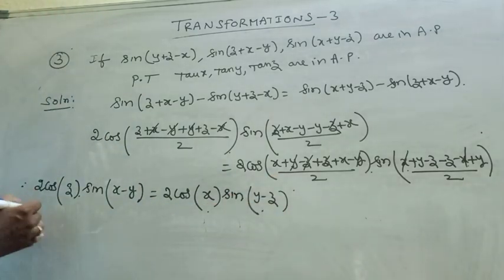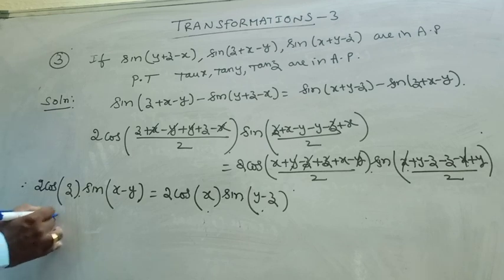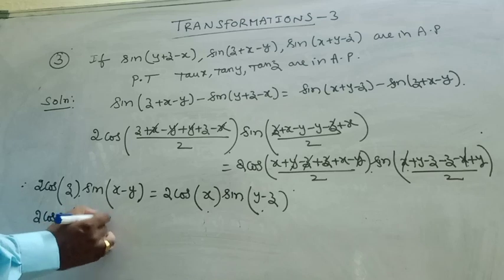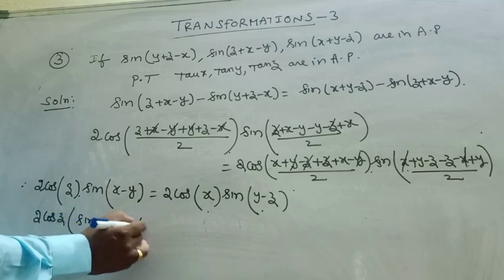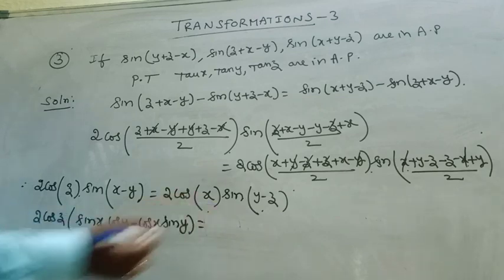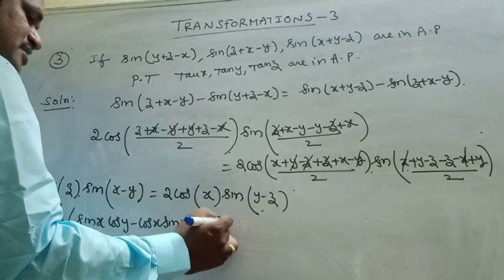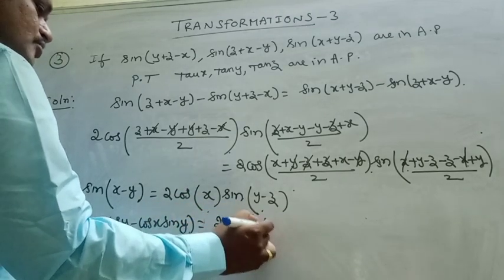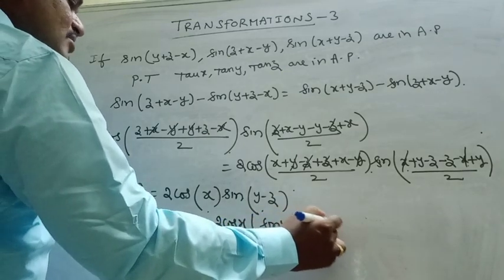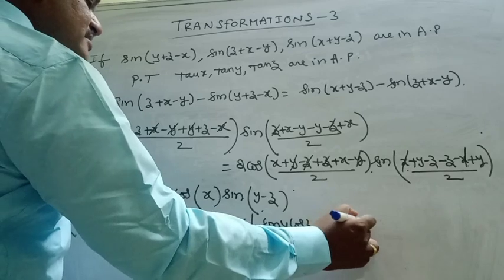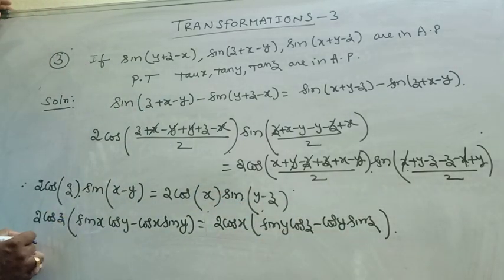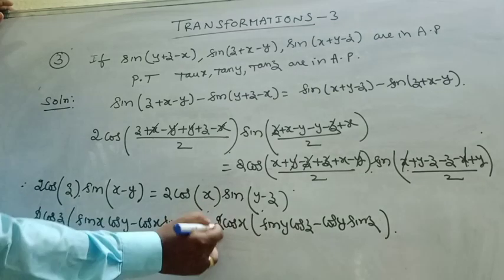Just observe now: this is 2 cos z into sin(x minus y), that is nothing but sin x cos y minus cos x sin y. This is equal to 2 cos x into sin(y minus z), that is sin y cos z minus cos y sin z. Now this 2 will cancel on both sides.